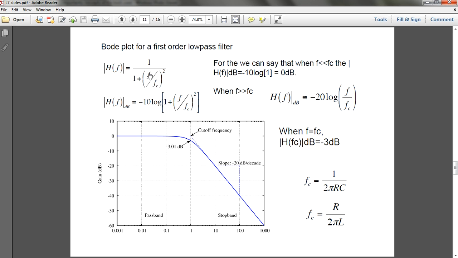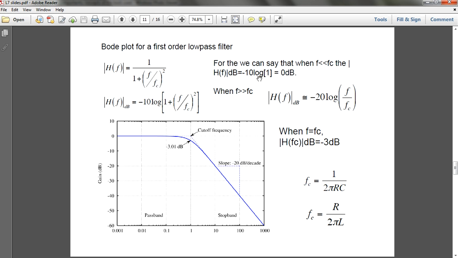If your input frequency is equal to your cutoff frequency, what do you have? It's very important for cutoff frequency. I actually didn't talk about it previously. If your cutoff frequency is much larger than your input frequency, you're going to have half power, half gain, minus 10 log.